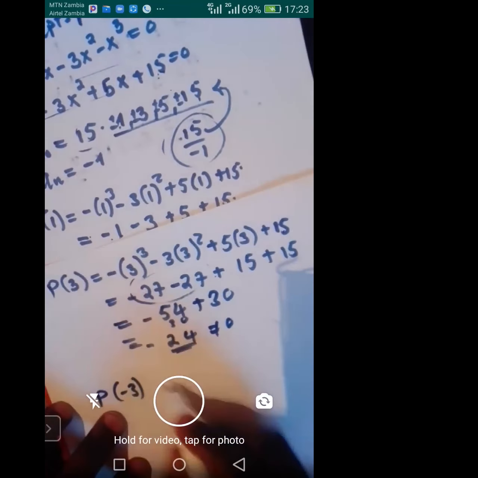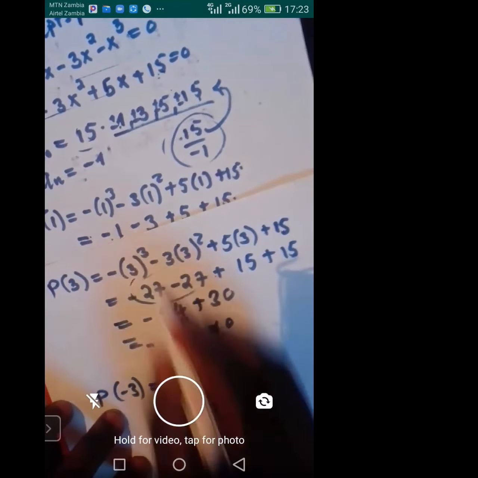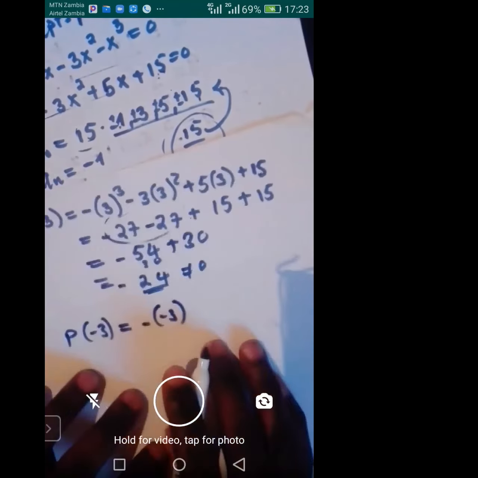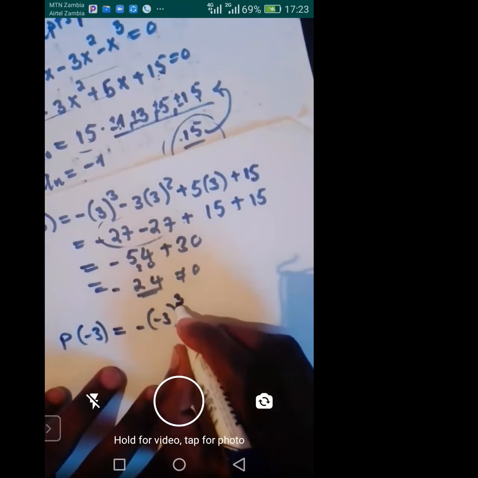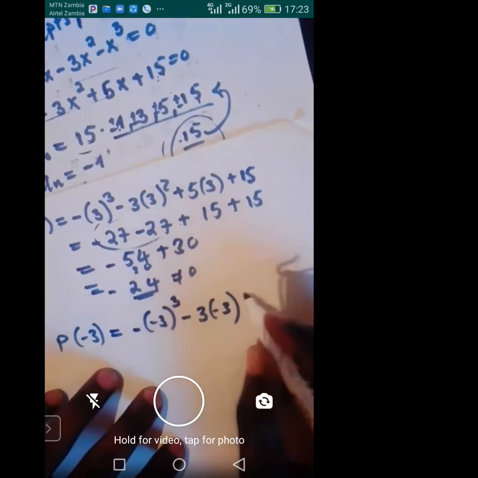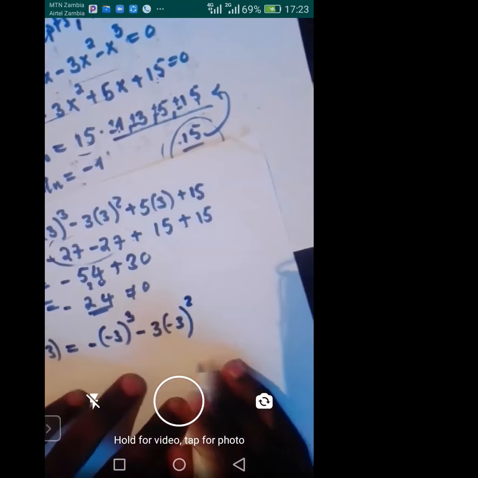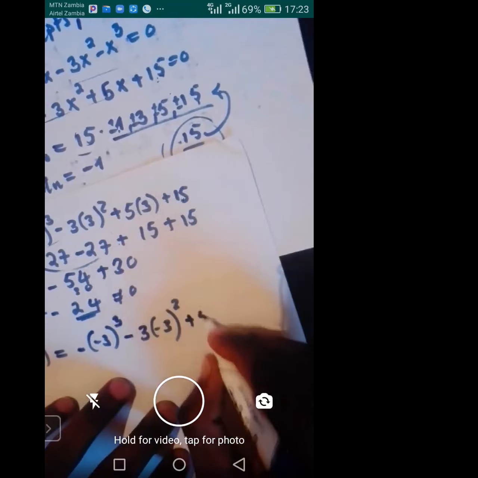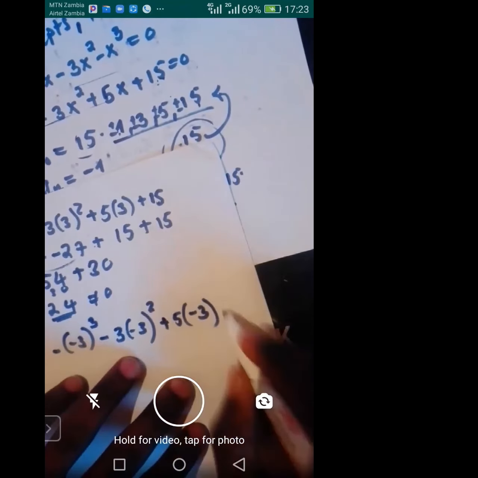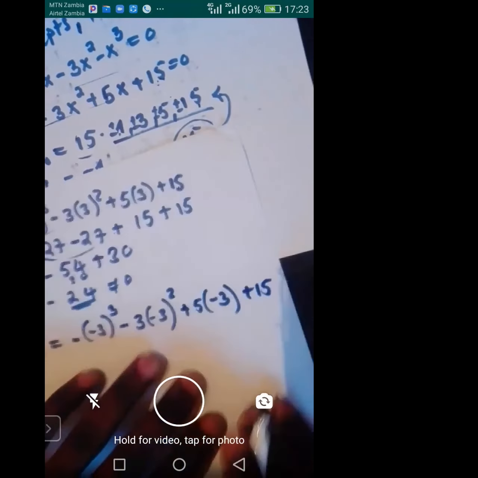Let's find P of minus 3. Try this one. This one is equal to minus 3 to the power 3 minus 3 times minus 3 to the power 2 plus 5 times minus 3 plus 15, guys.